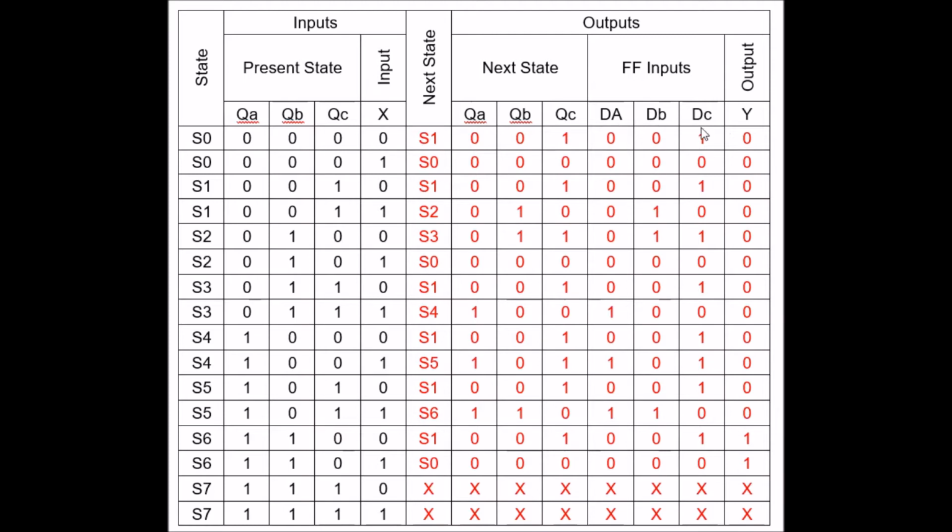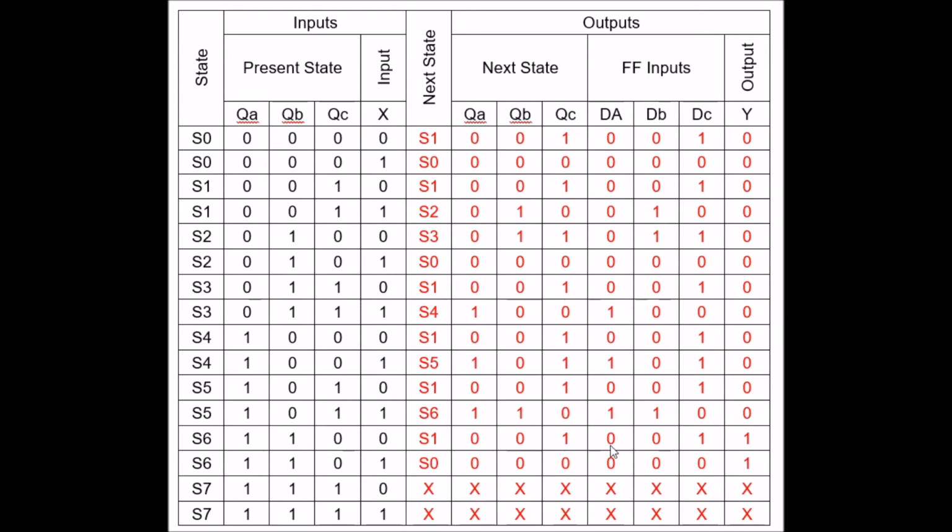DA, DB, and DC, I don't know why I made that a capital A, a little typo, doesn't matter. These three columns are the exact same as these three columns. Why? Well, because if you want a D flip-flop to output a 0, you've got to input a 0. And when the clock pulses, that's what your output's going to be. So since we're working with D flip-flops, yes, these three columns are always going to be the same as these three columns.